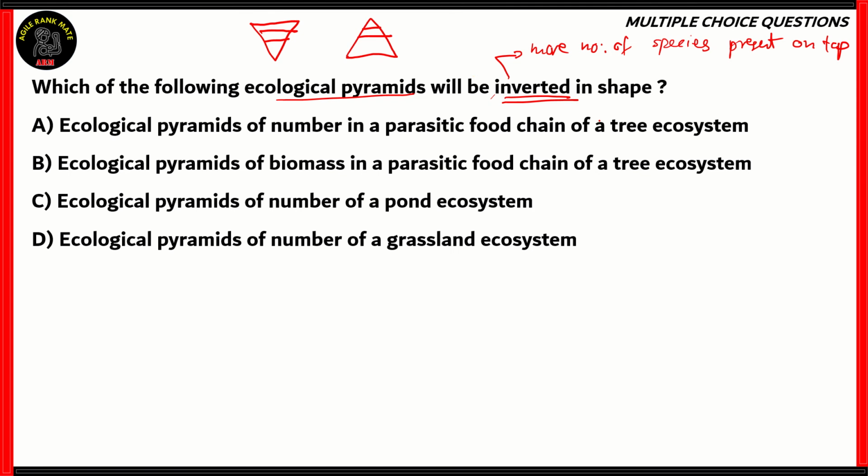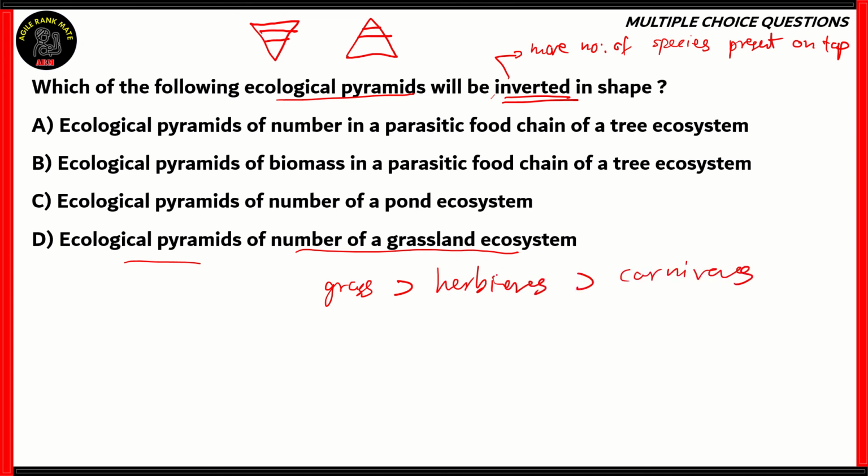Now let's look at our options. Option D says ecological pyramid of numbers of a grassland ecosystem. If you look at the number of species in a grassland ecosystem, you have grass as the producer, then herbivores as the primary consumer, then carnivores as the secondary consumer.